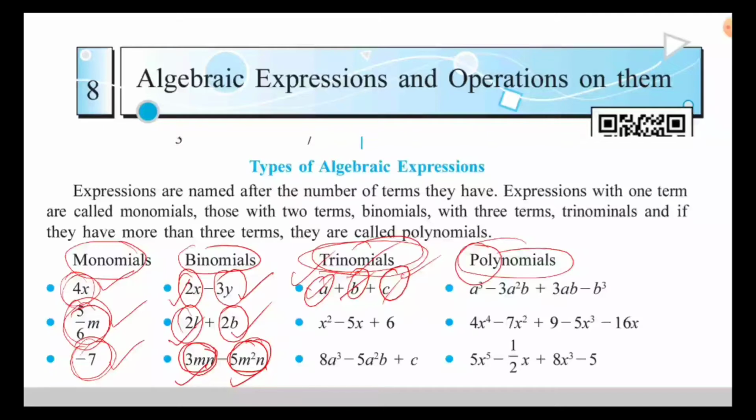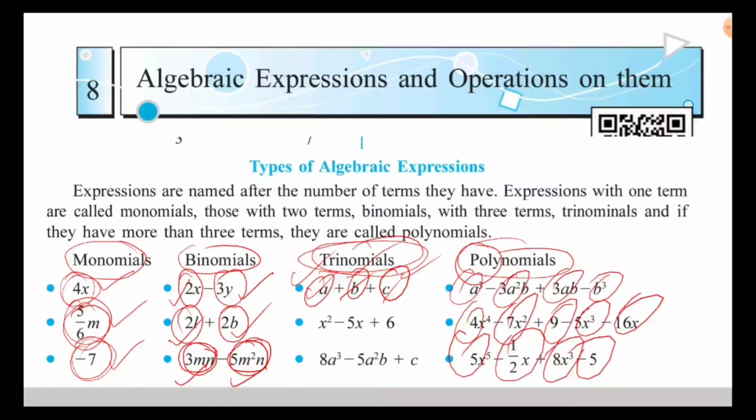So if I am having 4 terms, 5 terms, 6 terms, this is having 4 terms over here, this is having 5 terms over here, this is having again 4 terms over here. Anything having more than 3 terms we will be naming as polynomials. If it is having 4 terms then also it is polynomial, if it is having 5 terms then also it is polynomial for us.